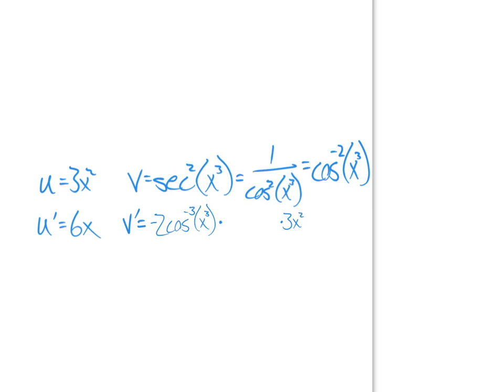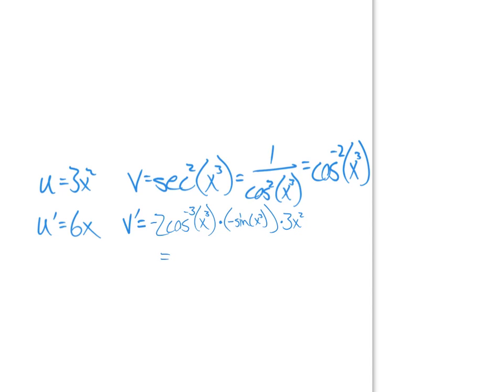What's that middle function we have to take the derivative of too? Cosine. What's the derivative of cosine? Negative sine. So we have a negative sine of x cubed, and then times the derivative of x cubed. So we've got a chain within a chain, a couple links in our chain.